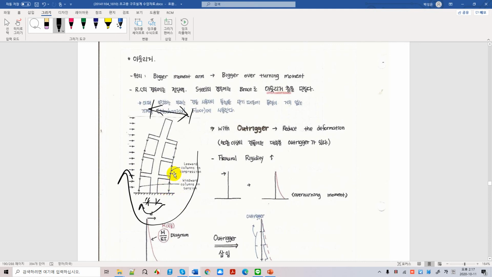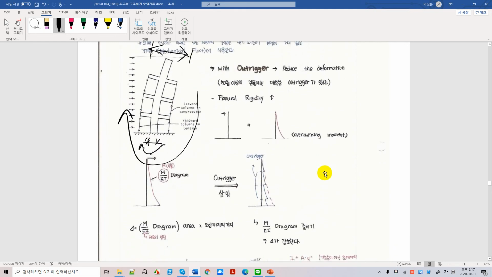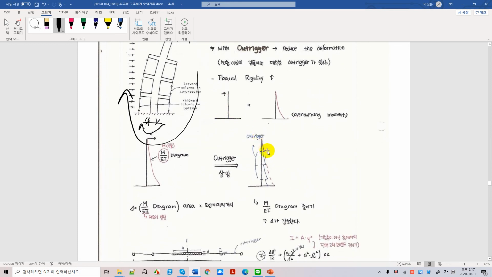Okay. And what happens here, if you don't have anything, the building looks like just a cantilever, as you see over there. But with outriggers, the building still looks like a cantilever, right here. But what's different is that your overturning moment changes. Without outrigger here, your overturning moment is the moment that you learned from your structural analysis class or statics class, whichever.